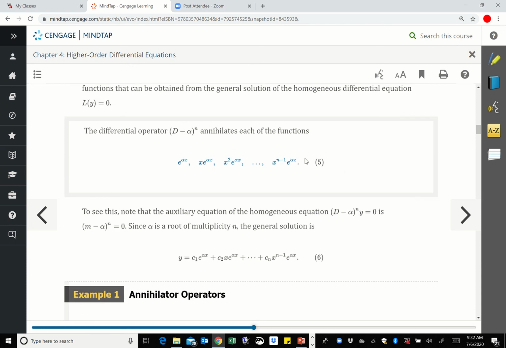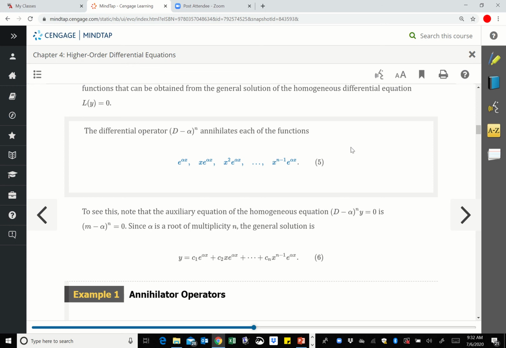So if you have a polynomial times e to some power of x, then the operator is D minus the coefficient of the x variable in e, and the order of it has to be one more than the polynomial order that's multiplying the e.